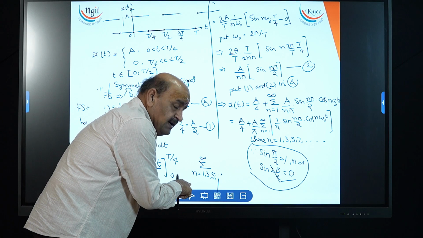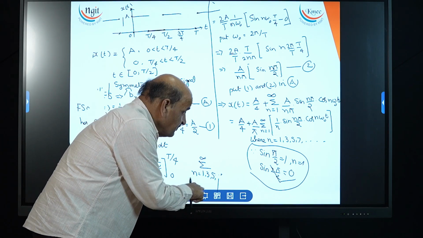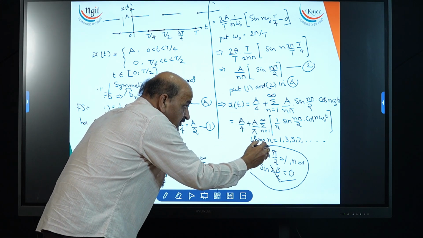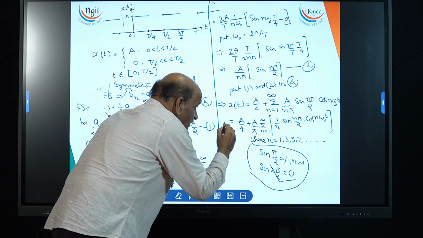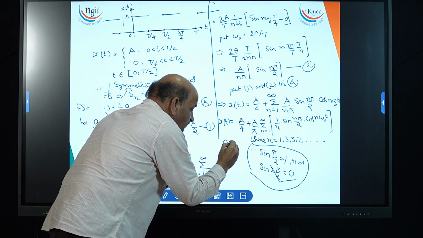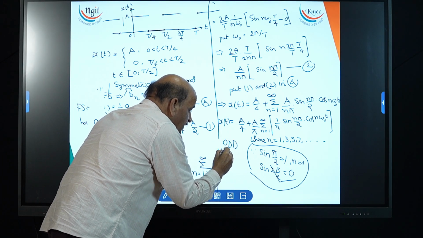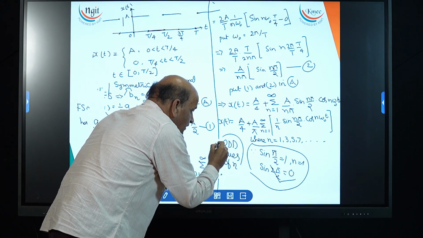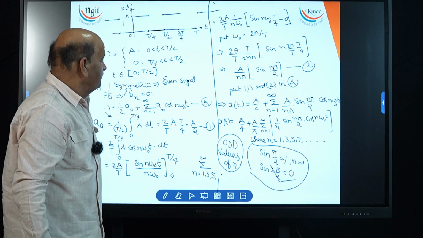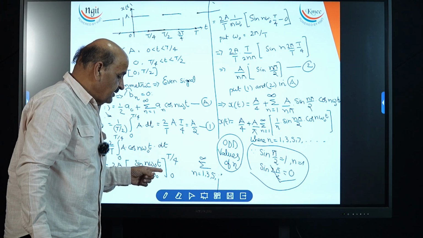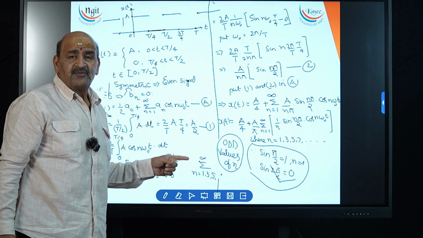Otherwise, you can write where n equal to 1, 3, 5, 7, odd. That means this Fourier series of this wave function will be responding for odd values of n only. So this is the Fourier series format of the given waveform.